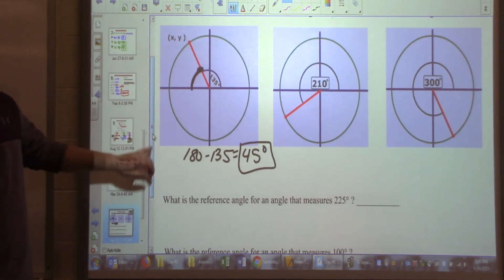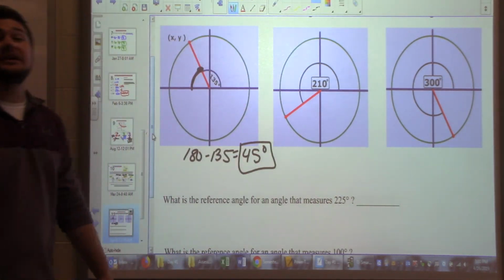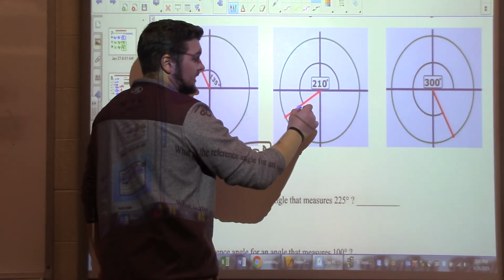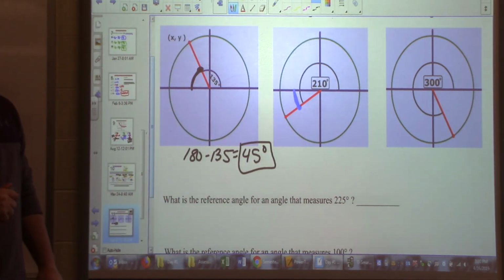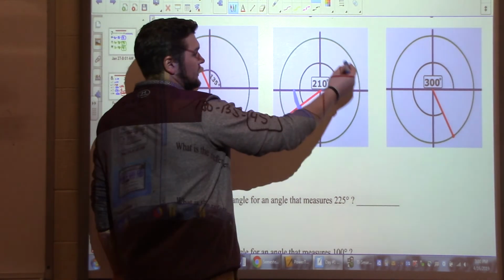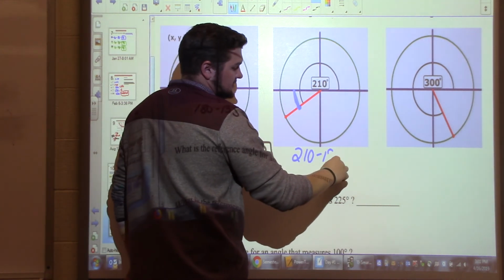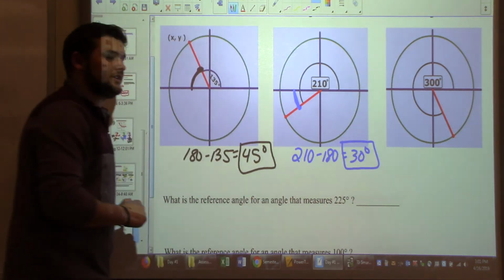Okay? The second one is in quadrant 3, right? It's 210 degrees. So from my terminal side back to the x-axis, I want to take my angle and subtract off this 180 part. So 210 minus 180 gives me 30 degrees for a reference angle.